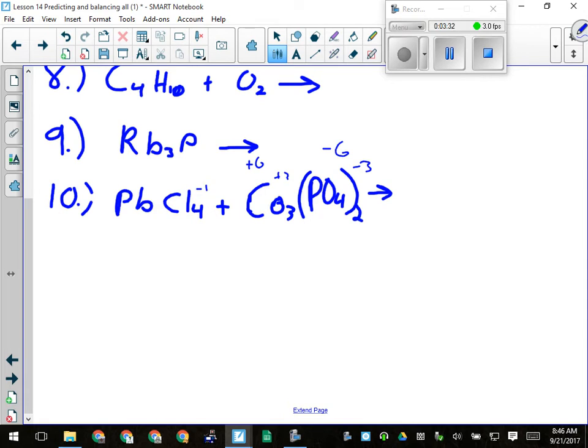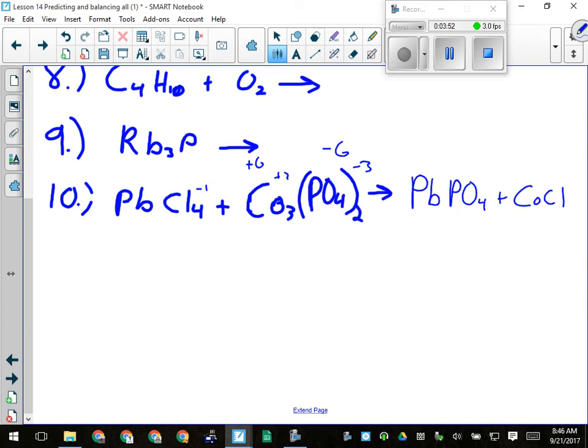Now when I make the products, I'm just going to swap the metals because it's a double replacement reaction. So that means lead's new partner is phosphate. Cobalt's new partner is chlorine. Since they're both ionic compounds, they both have to be swapped and dropped.